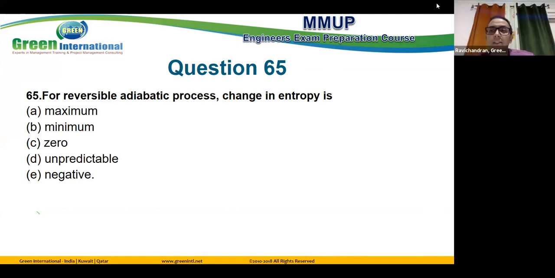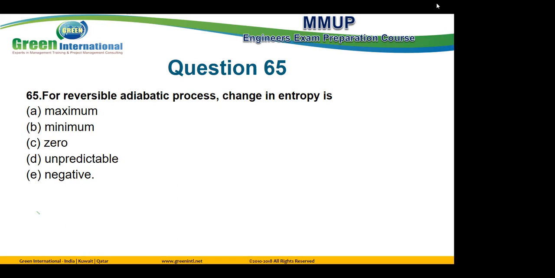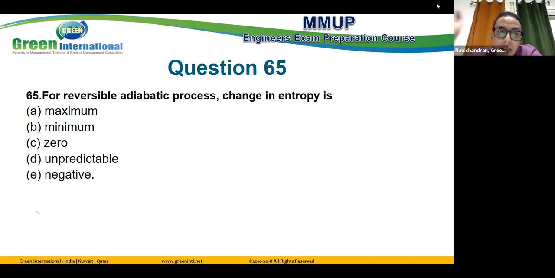For reversible adiabatic, change of entropy is... A process that is reversible and adiabatic is said to be isentropic. Isentropic means delta S equals 0. Change in entropy is 0, no change in entropy. Reversible and adiabatic means this process is isentropic, no change in entropy. Clear?